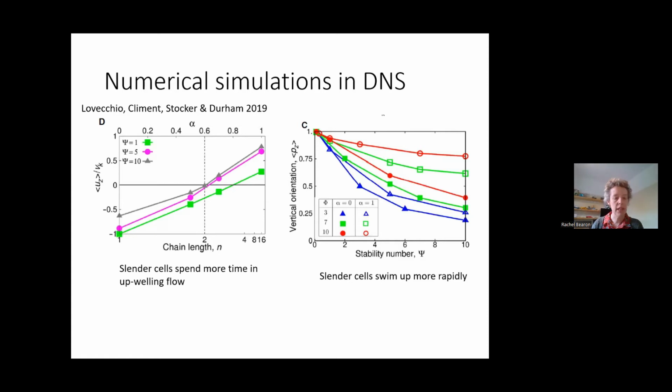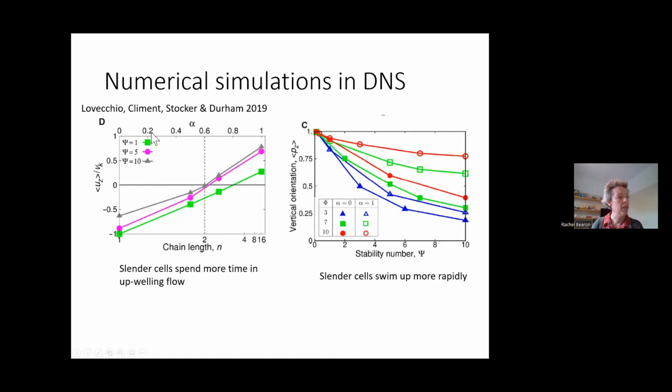And I want to just point out a couple of key features which we want to explore and explain by examining very basic flow fields, to see if we can capture and understand some of the behaviors. So on the left, we see different numbers of cells in the chain corresponding to different values of alpha, going from spheres at 0 through to infinitely thin rods at 1.